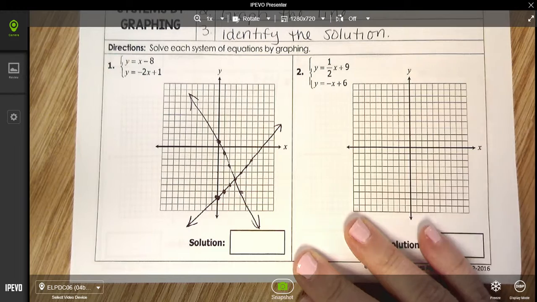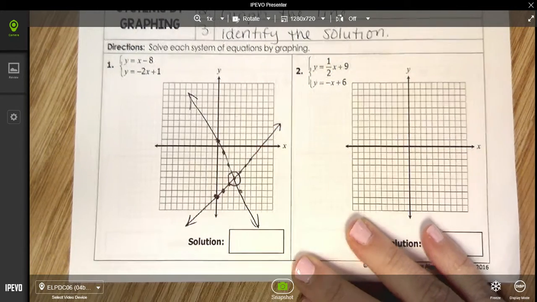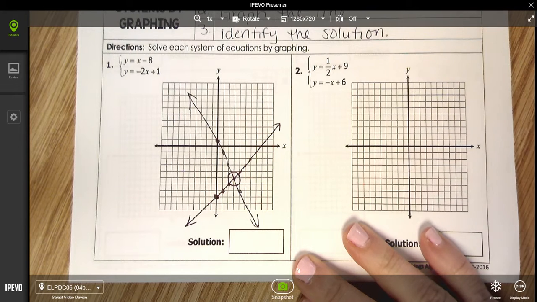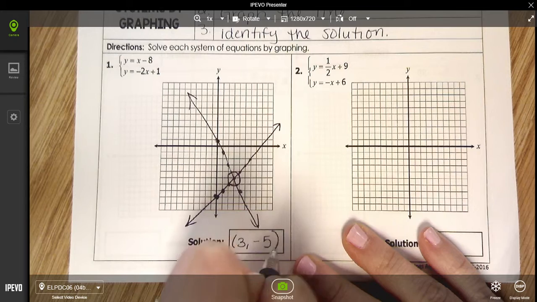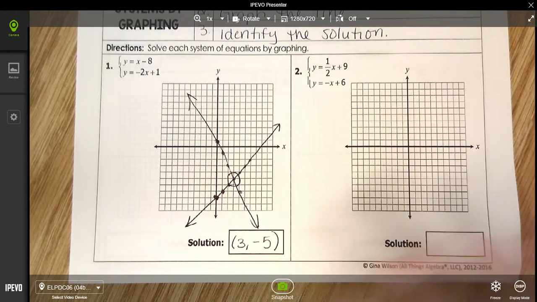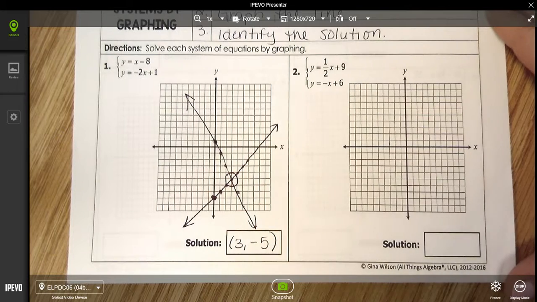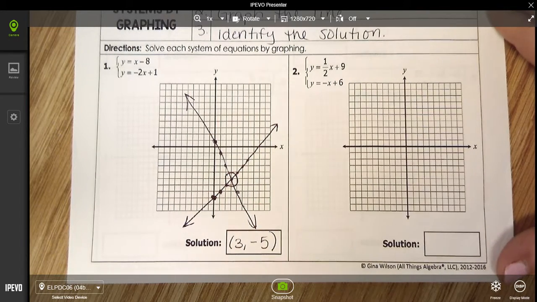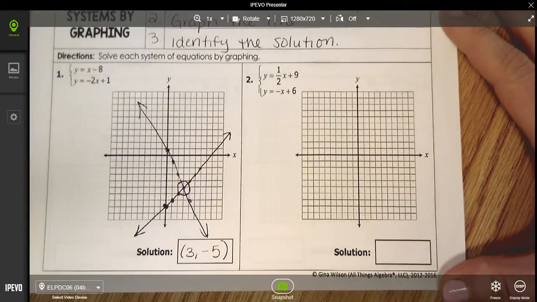So from this, you can see where they overlap or intersect is right here. Okay, so that is your solution, and that is the point 3, comma, negative 5. And you can also put this in Desmos or in the graphing calculator to double check to make sure you're graphing the lines correctly.